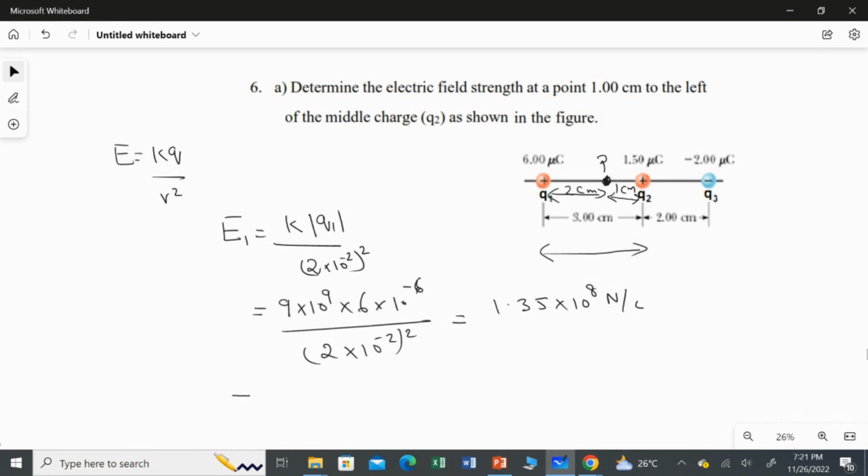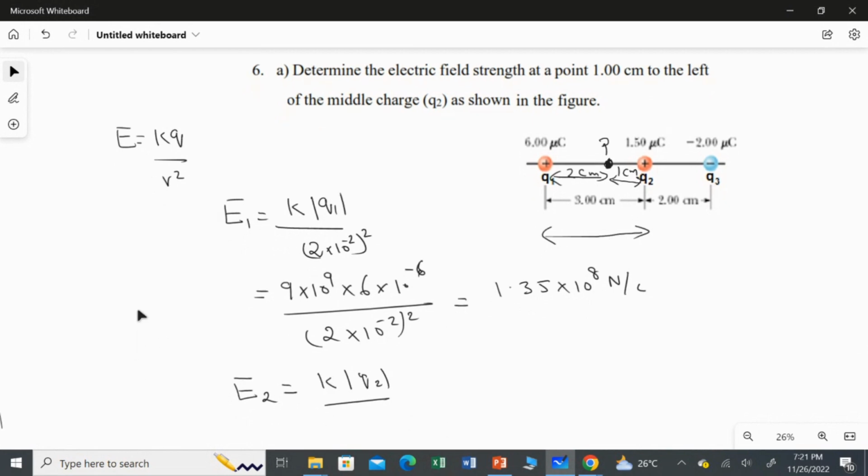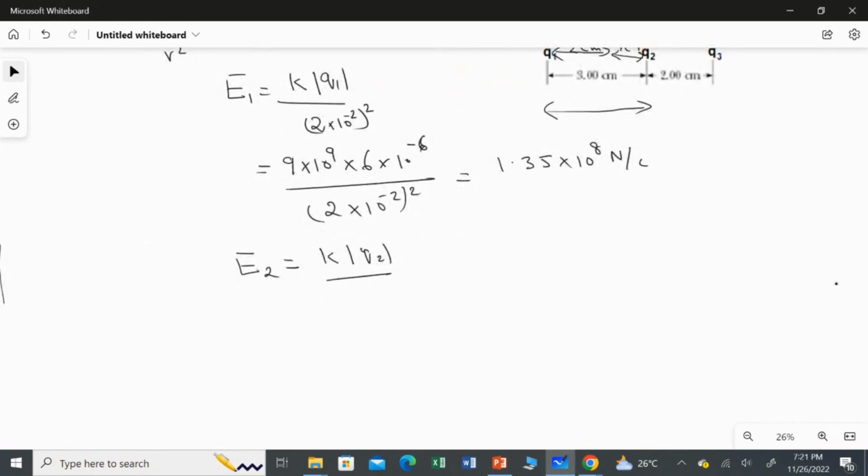I have to find electrical field 2 by the same method. K, magnitude of Q2, over, what's the distance between Q2 and point P? It's 1 centimeter, right? 1 multiplied by 10 power minus 2, the whole square.